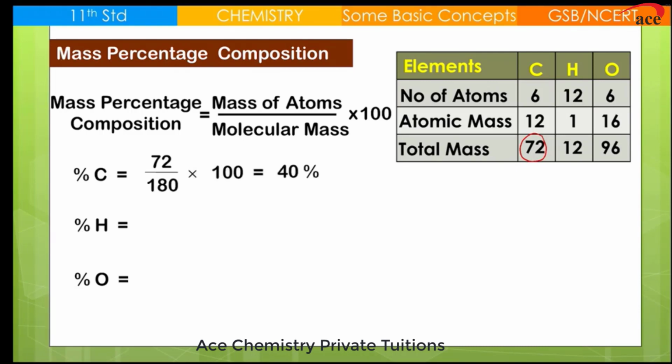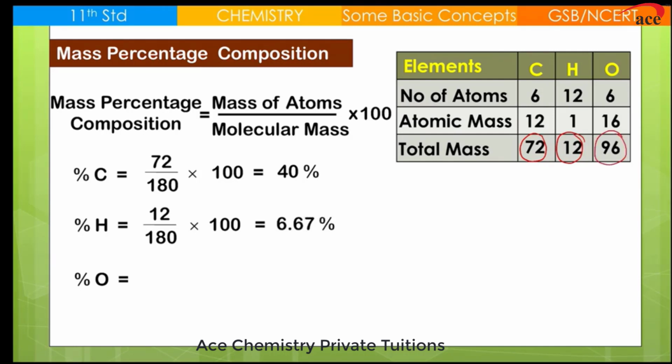What will be the percentage of hydrogen? 12 divided by molecular mass 180 multiplied by 100.